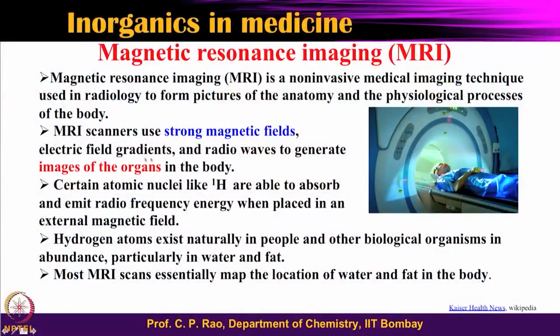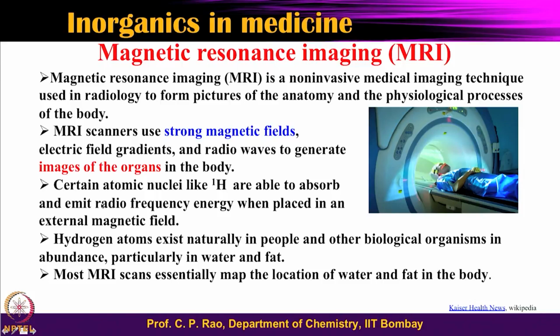All these MRIs are taken in very strong magnetic fields, with electric field gradients, and you also use one more thing, called radio wave energy. Without any of these components you will not get your image at all. So, the entire body can be imaged.